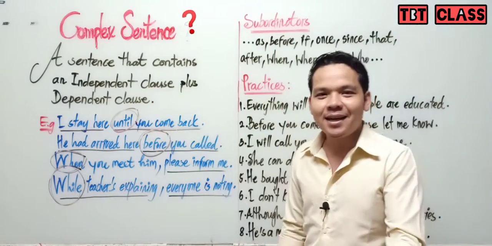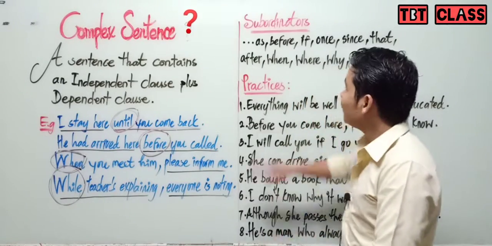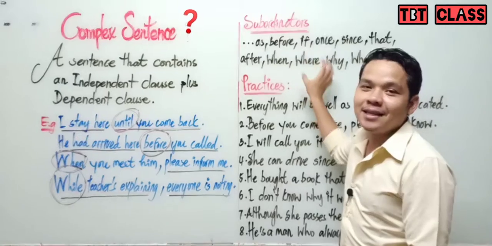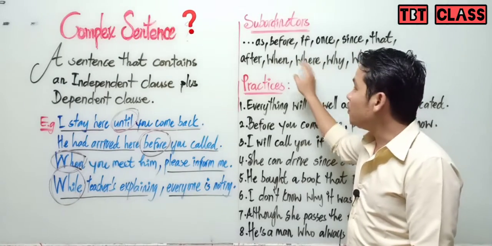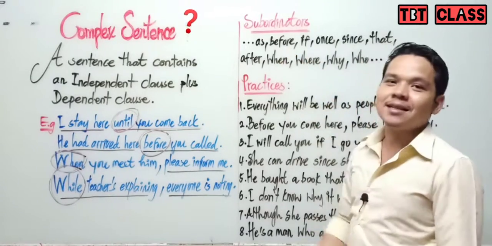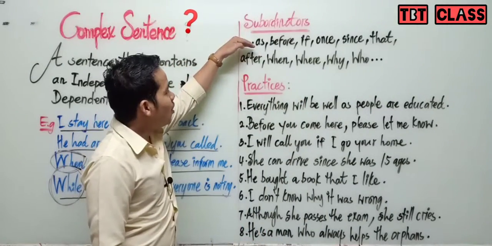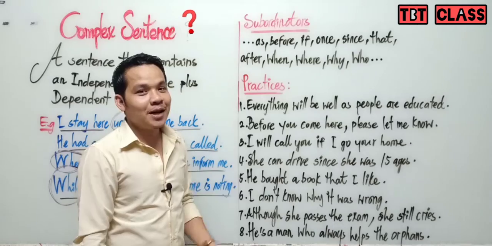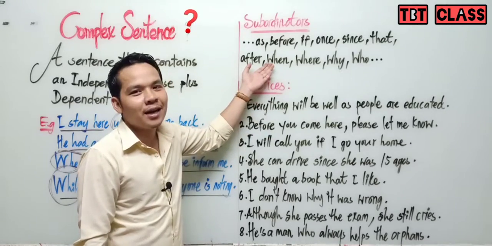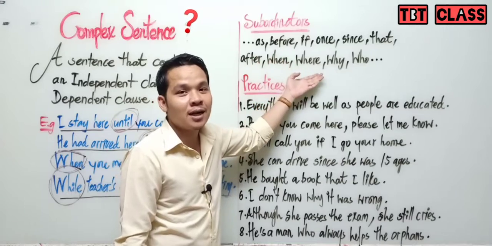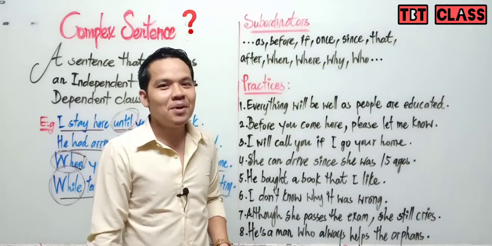So a complex sentence is known by this. These are just examples, not only these, that let you see what a subordinator or subordinating conjunction is. Exactly, they are very important in a complex sentence. We use a subordinator or subordinating conjunction to make a complex sentence.